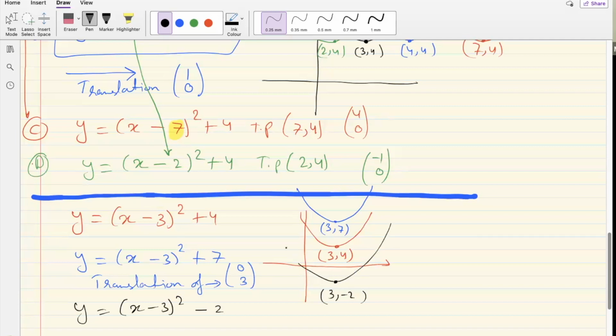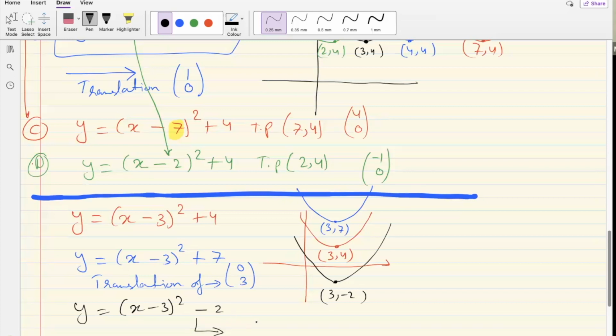And it is a smiley face. And it will cut the positive y-axis. Why the positive y-axis? I just checked, substituting x with 0. So (-3) squared is 9, 9 minus 2 is 7. So it cuts the positive axis.